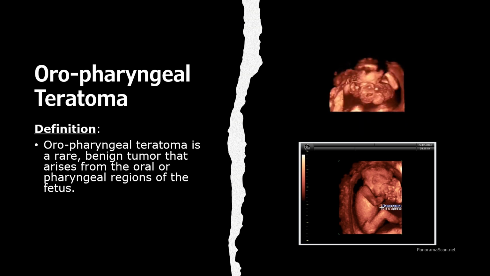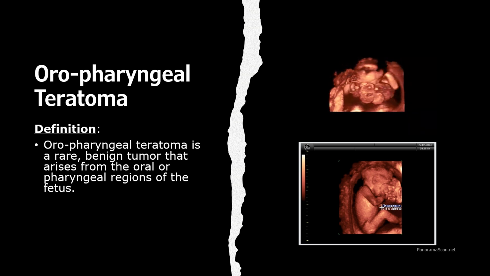They are unique in that they can consist of a mix of different tissue types, often derived from all three germ layers. For example, these tumors may contain skin, muscle, or even teeth and bone, making them highly heterogeneous in composition.